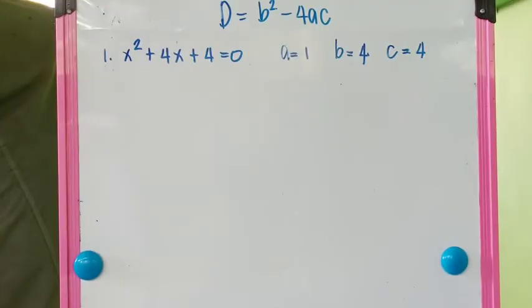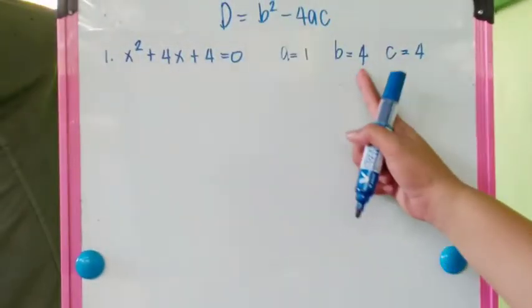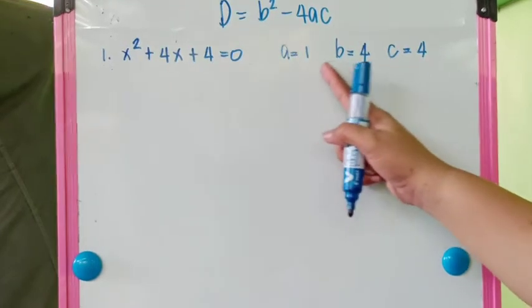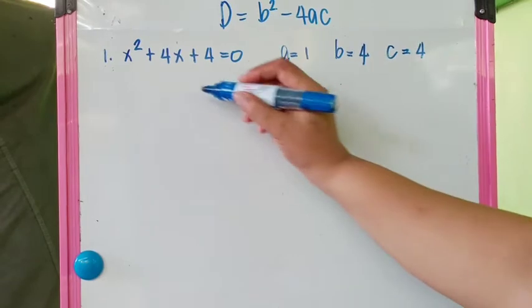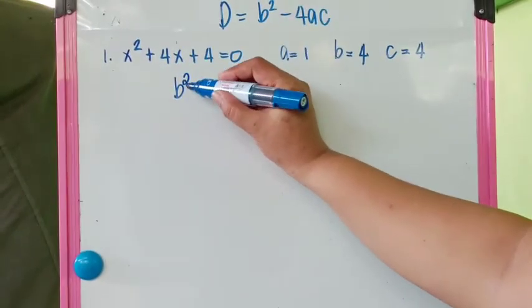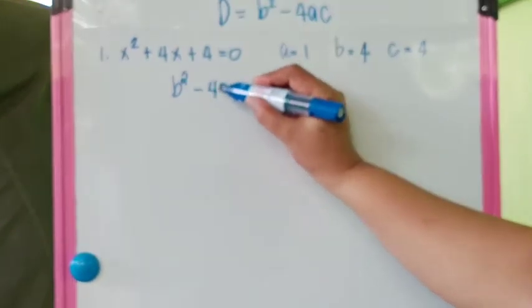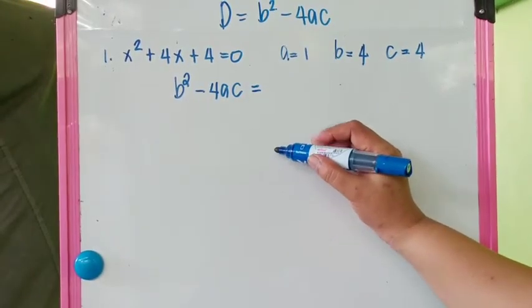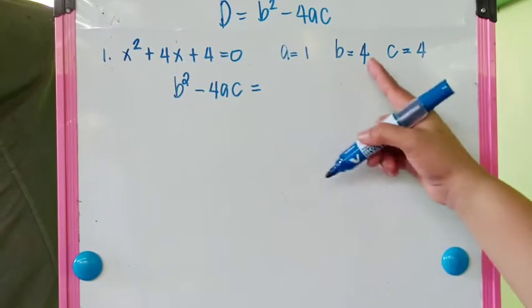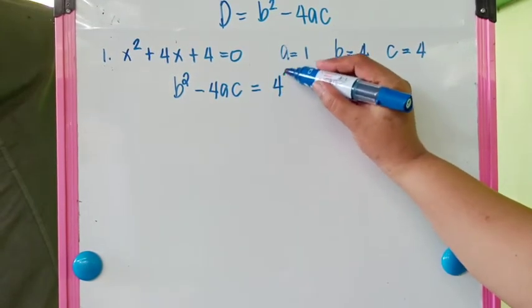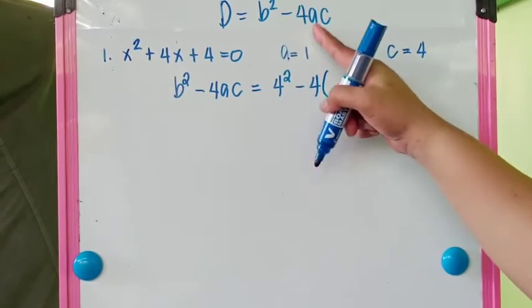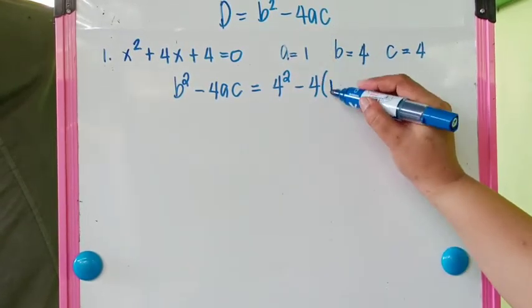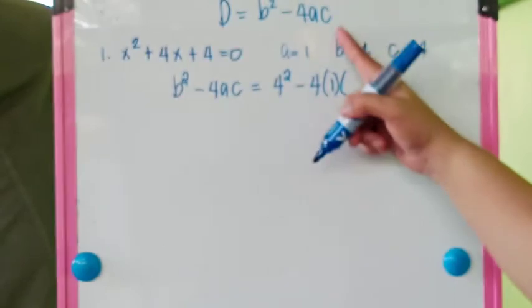After identifying the values of a, b, and c, substitute these values in the expression b squared minus 4ac. So, this is now equal to b squared, which is 4 squared, minus 4 multiplied by a, which is 1, times c, which is 4.